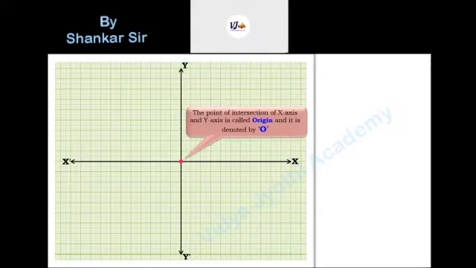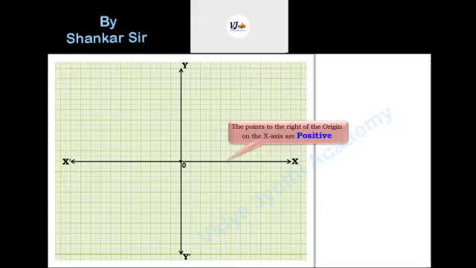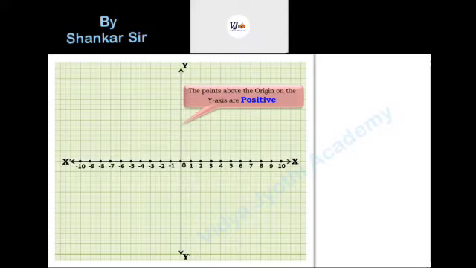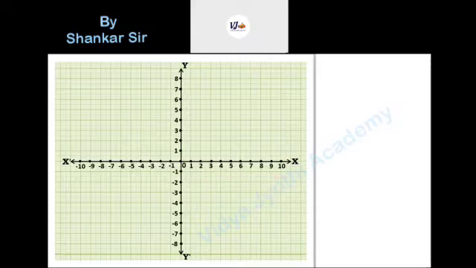The point of intersection of the x-axis and y-axis is called the origin, and it is denoted by the letter O. To the right side of the origin is the positive x-axis, with positive numbers, and this is the negative x-axis, with negative numbers. This is the positive y-axis, with positive numbers, and the negative y-axis.